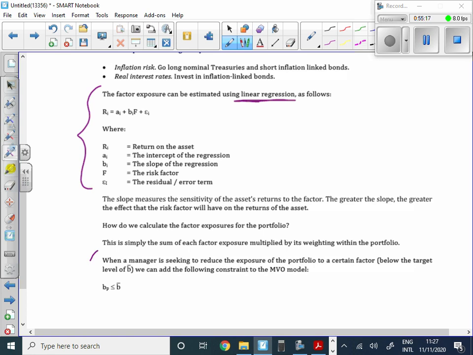When a manager wants to reduce exposure in his portfolio to a certain factor, and the target is always denoted by b-hat, you add the following constraints to the model: you want to make sure that your exposure is less than the target level.